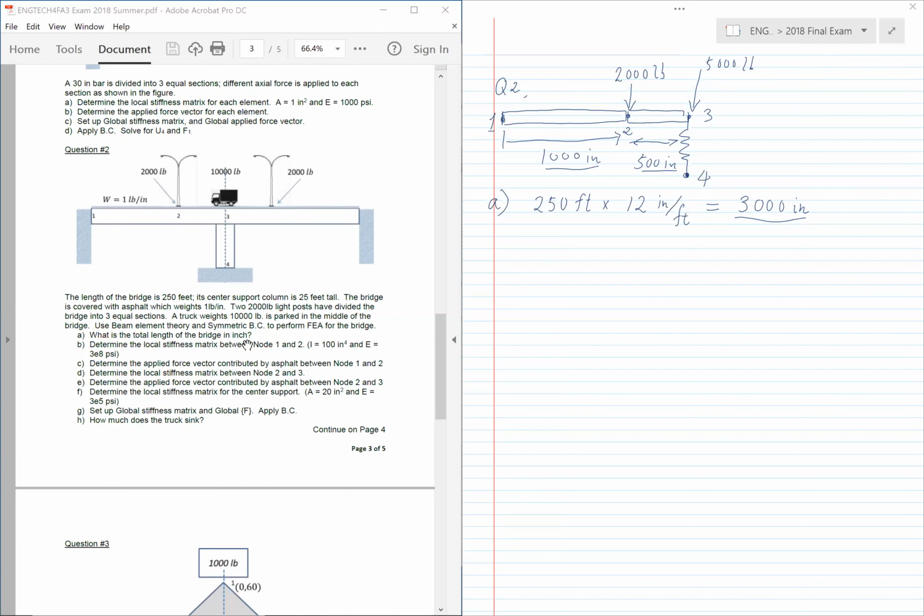Okay, determine the local stiffness matrix between nodes 1 and 2. I is 10 inch to the 4, E is 3e7, okay, that's not too tricky.